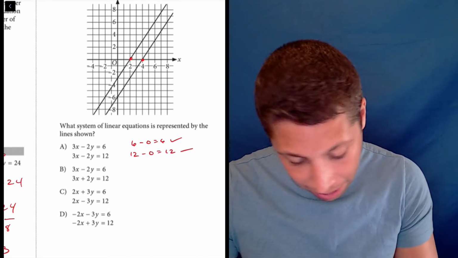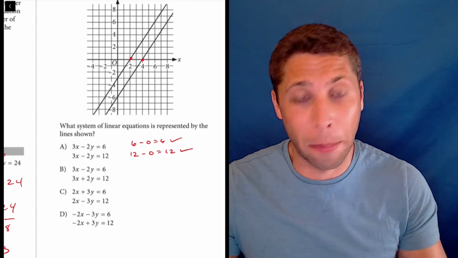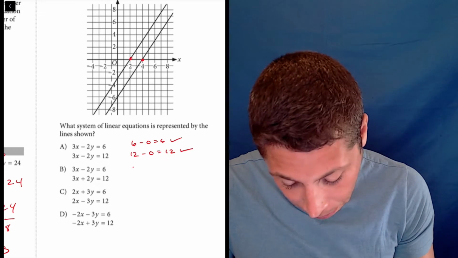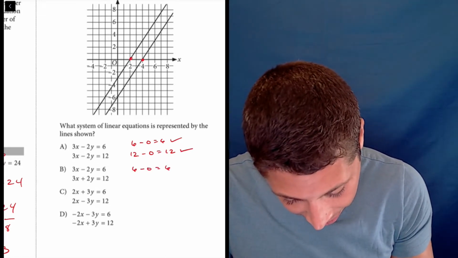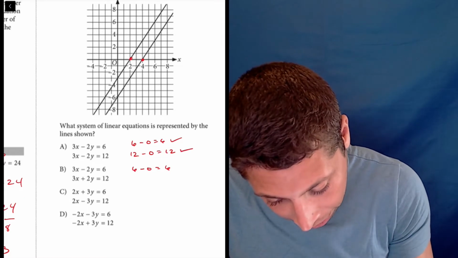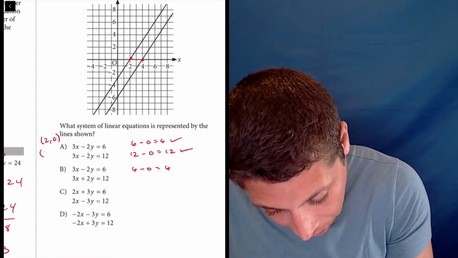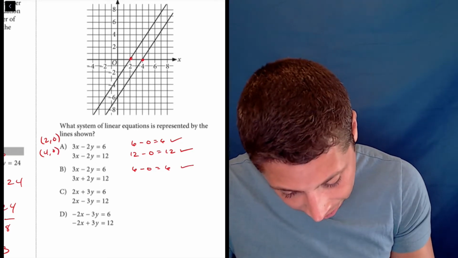So it's probably A, but let's double check because it might be that the x-intercepts just happen to work in multiple. So I'm plugging in the point 2, 0 into the first equation and the point 4, 0 into the second. So 6 minus 0 is still 6. That still works.